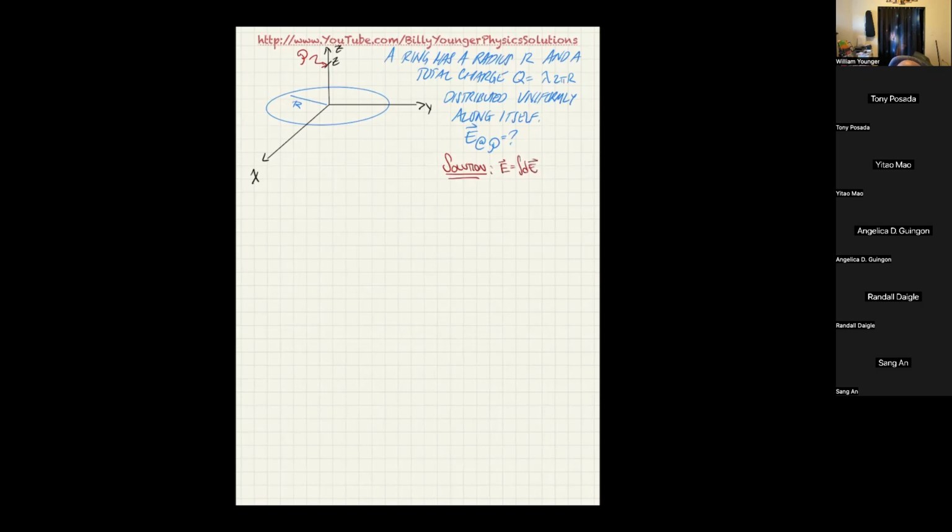And I'm going to use the fact that dE is equal to dQ over 4 pi epsilon naught times the vector RP minus RdQ over the magnitude of RP minus RdQ cubed. Okay. So again, I've got to figure out what dq is and stuff like that.